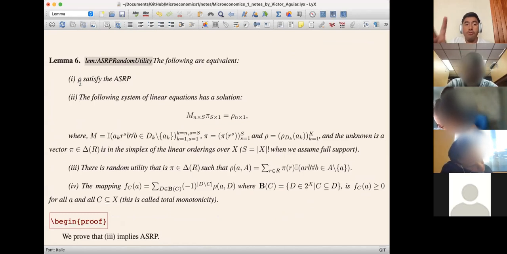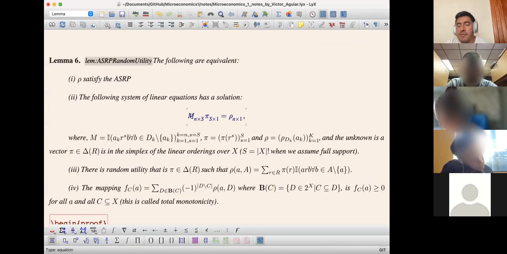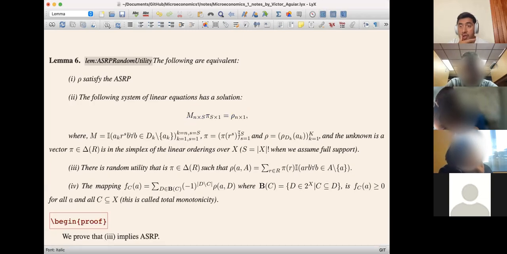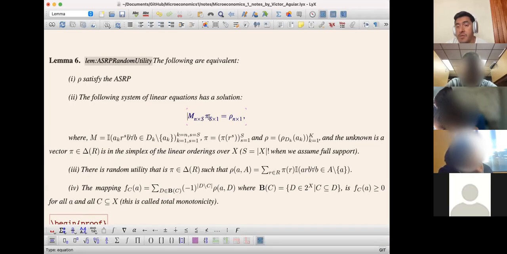Two, the following system of linear equations has a solution. The coefficient matrix is going to be called now capital M. It's going to be of size n, which is the sequence size, rows, times S columns. S is going to be the number of preference relations you have. And then this is multiplied by a vector of size S times 1. So this is the number of preference types you have.